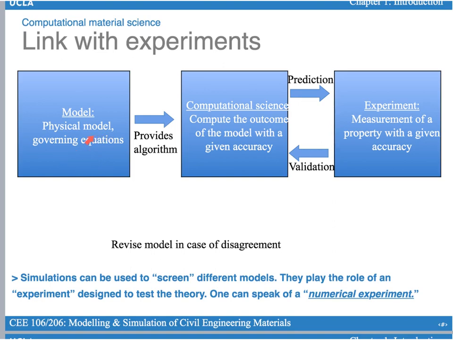You will simplify the system itself. You will try to simplify the governing physics that is governing the response and the properties of these materials, and you will build a simplified representation of the problem that you are trying to solve. Then you are going to use it to build an algorithm.